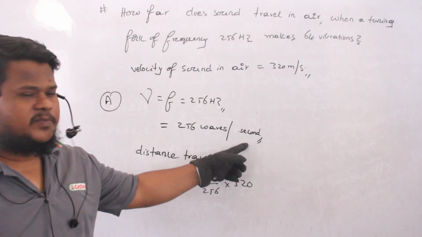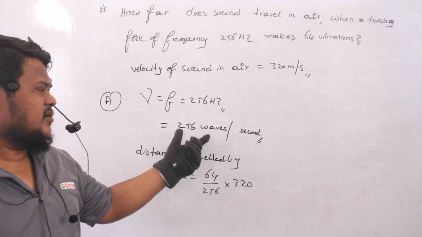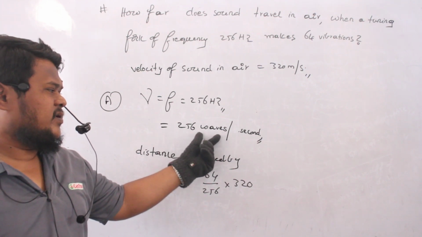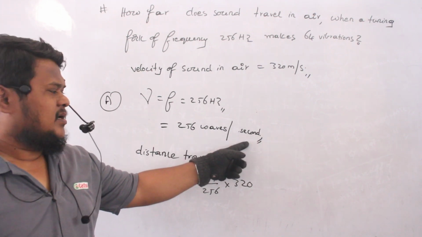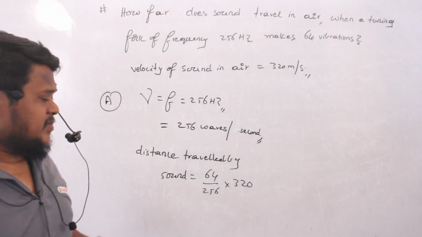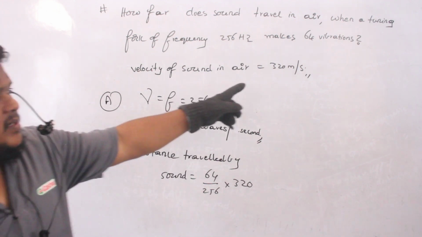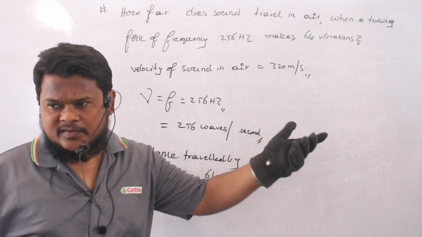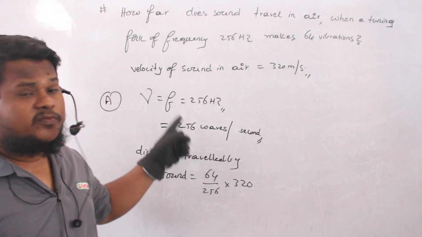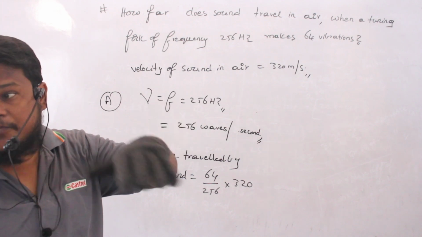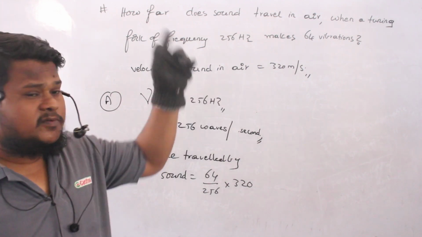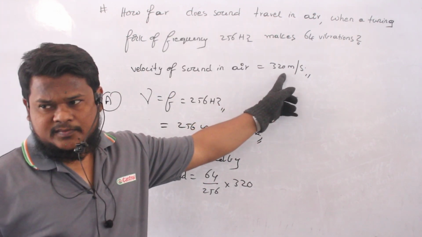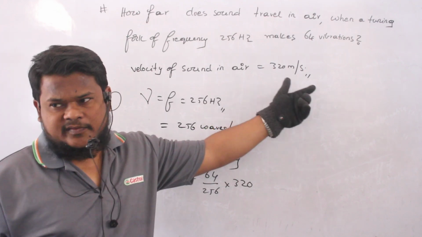Frequency 256 means this source is making 256 waves per 1 second. It means in a time of 1 second, this tuning fork oscillates 256 times. And in that 1 second, velocity of sound is 320 meter per second. It means in that 1 second, sound should travel a distance of 320 meters. That is the meaning of this one, no?